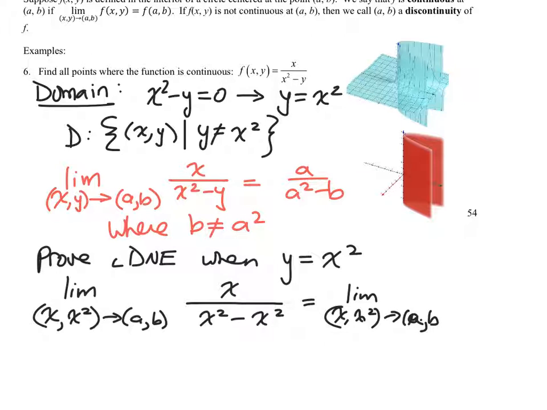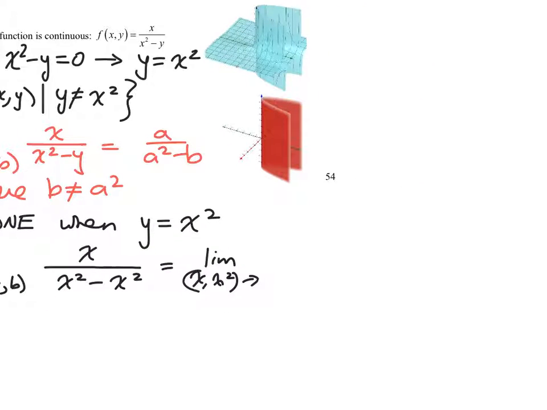This looks terrible. Like I said before, you find as you go forward that the most aggravating part about any of this is writing what the limit is approaching, especially if it's in 3 variables. So you end up with x over 0, which is undefined, and so we would say the limit does not exist.